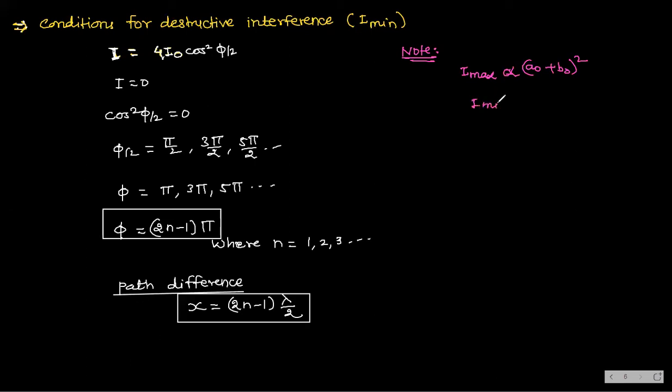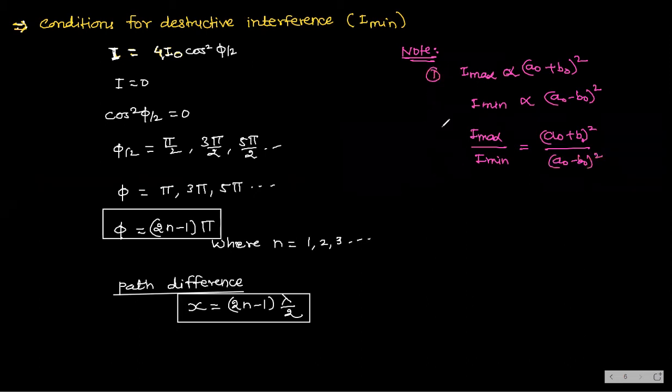I minimum is directly proportional to (A naught minus B naught) square. This is for the different amplitude case. If they are asking I max by I minimum ratio, you should do this: (A naught plus B naught) whole square divided by (A naught minus B naught) whole square.